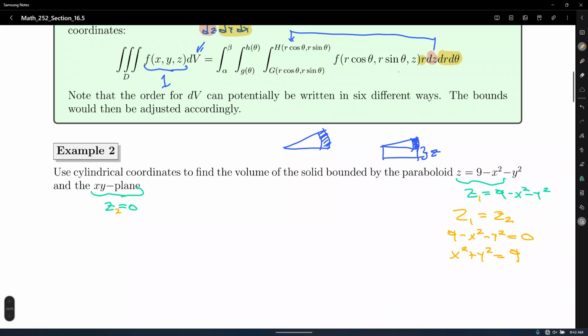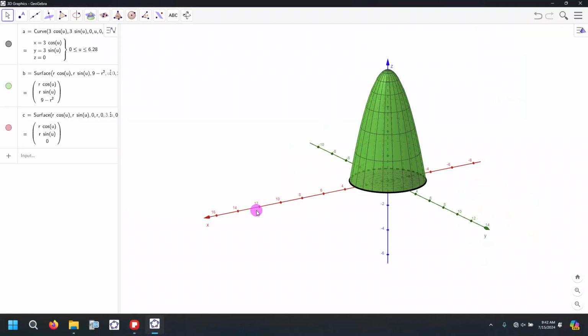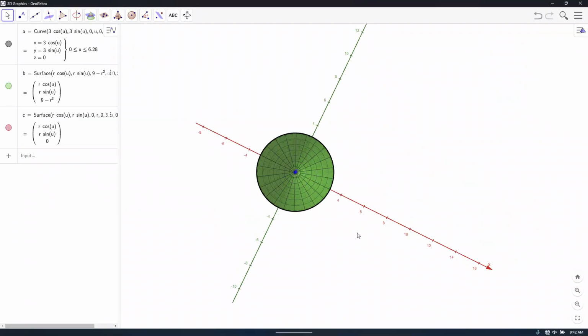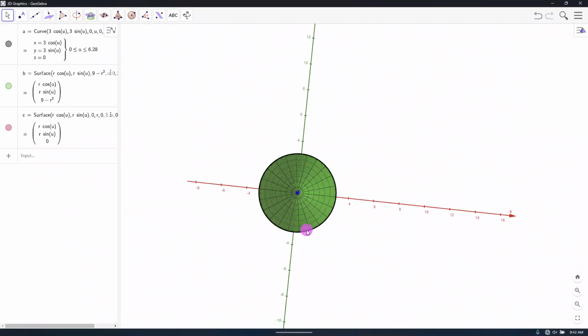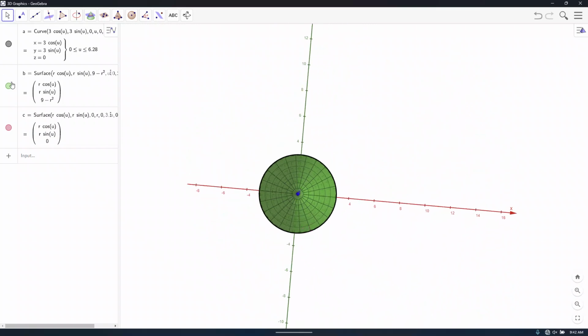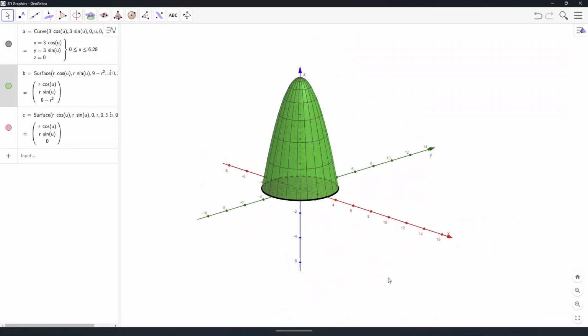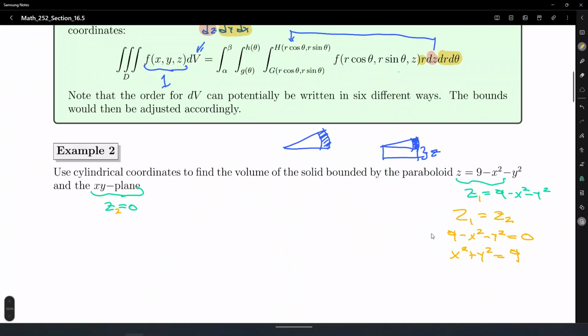Right? Now let me go back to the GeoGebra picture. Let me look at the xy projection. Doesn't that look like the circle of radius 3? This one? Yep. So despite it being pretty obvious from the GeoGebra solid right here, we still need to get this algebraically, which is what we just did here.